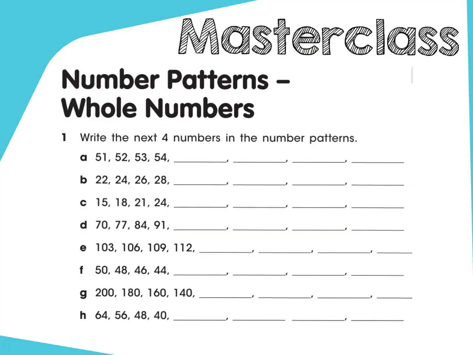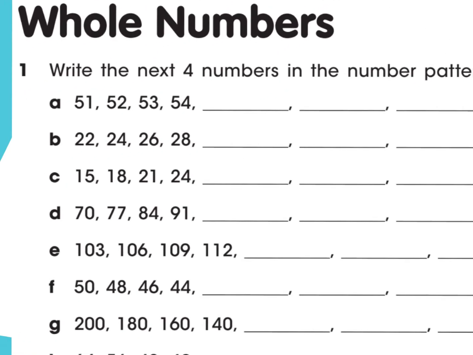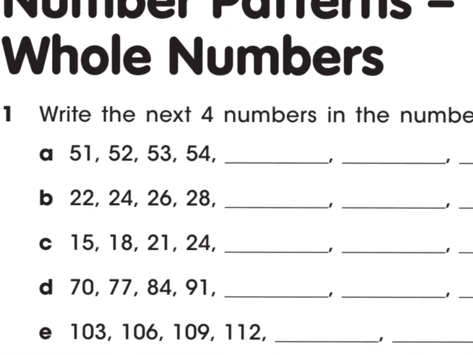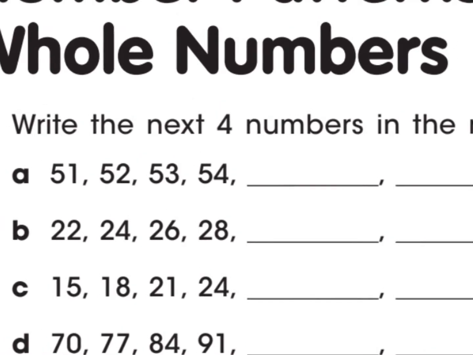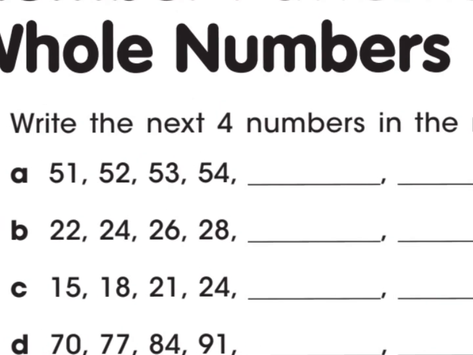All right, Legends, so let's have a look at this one. The first thing I'm doing when I'm looking at numbers and patterns is I need to identify the difference between the first number and the second number. So between here and here is plus 1, okay? That's 51, 52.